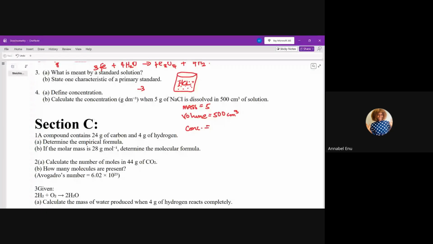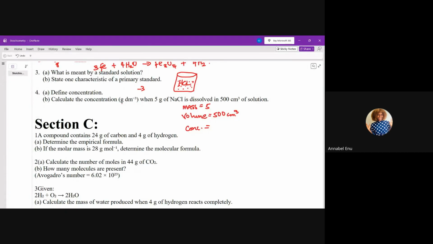And what is the formula for concentration? This is something we should already know. These are formulas we should memorize. But in this question, they actually sneaked it out to us because they said our concentration should be in gram per dm cube. And I believe you've been taught maybe in physics how to derive a formula from its unit.